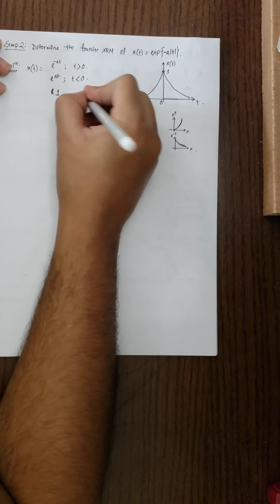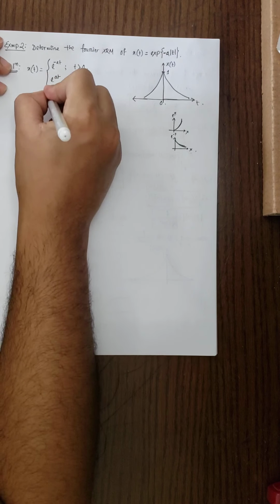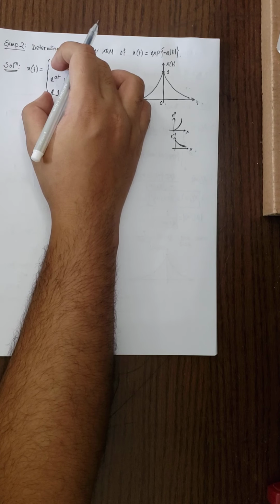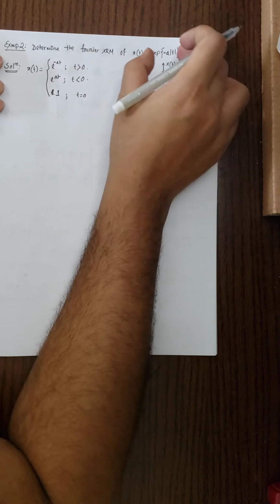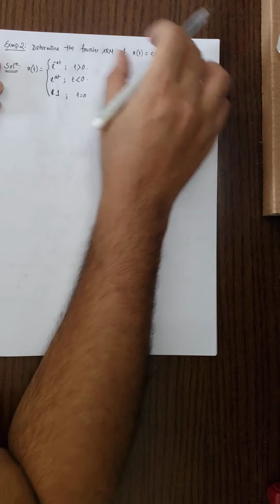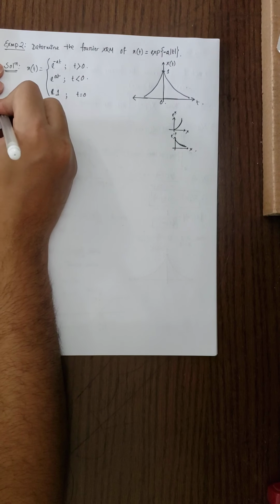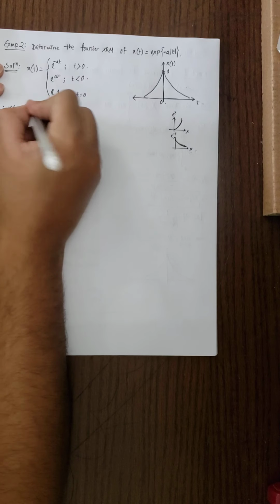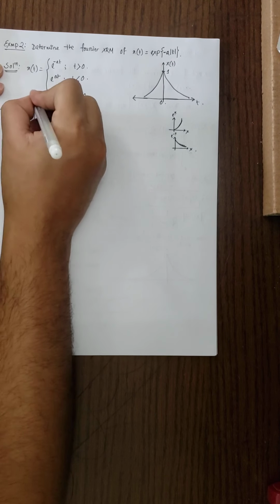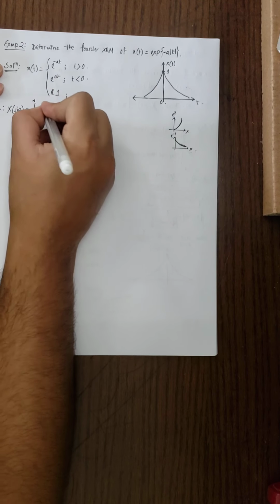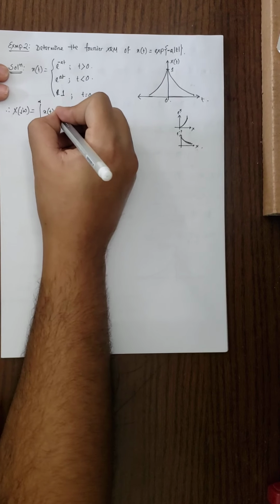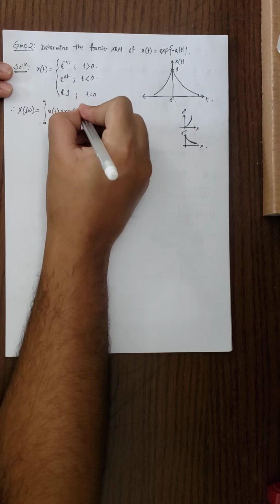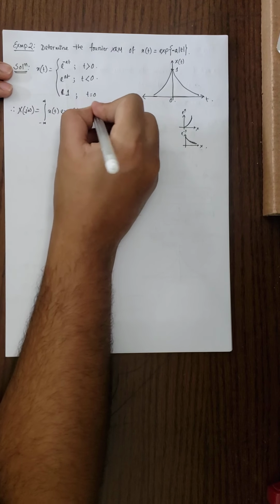So essentially this is the curve for the given expression. Now, from the direct transform, we know X of j omega equals the integral from negative infinity to infinity of x of t e to the power minus j omega t dt.